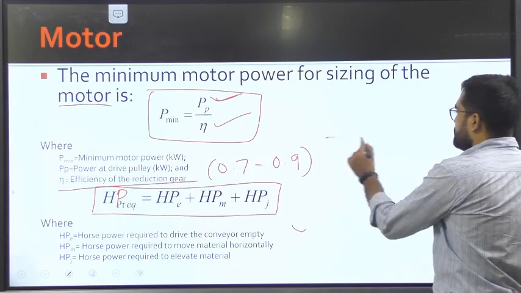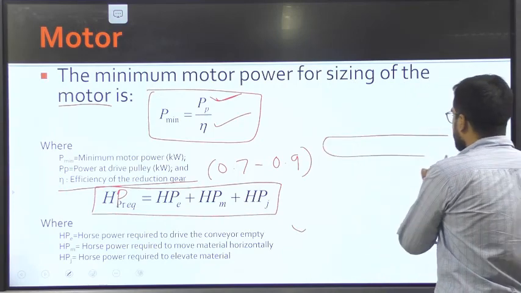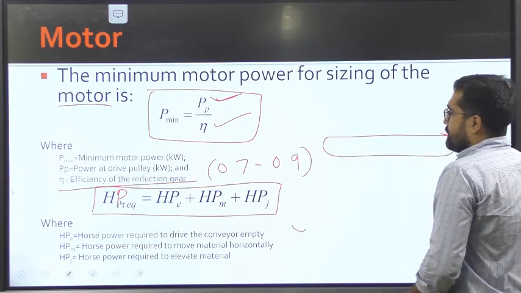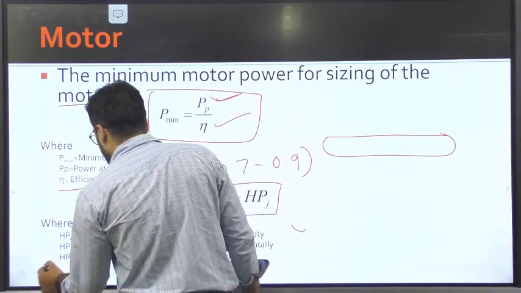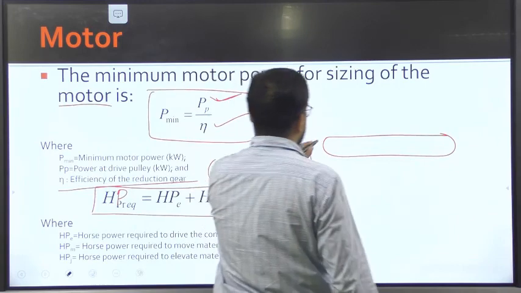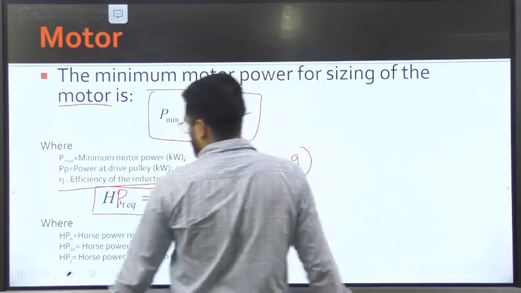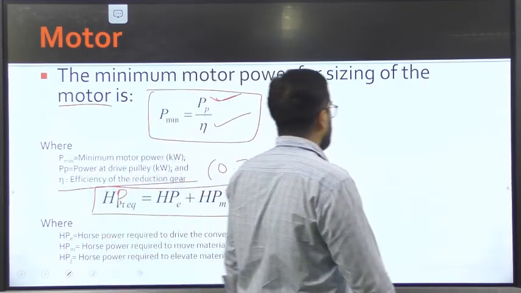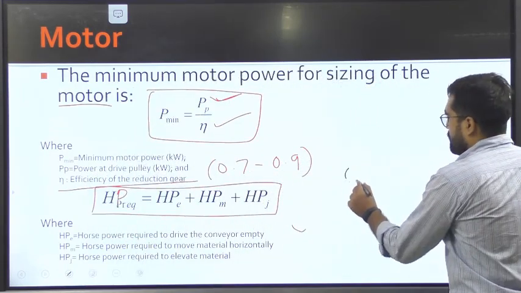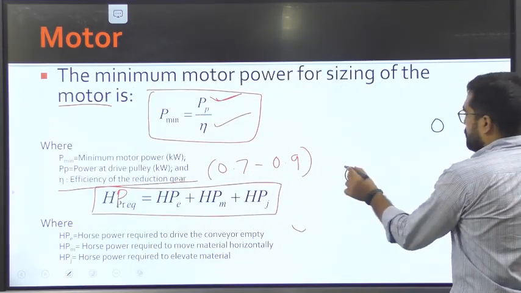So suppose this is our belt again. Let's provide some elevation also. Suppose one pulley, two pulley, and this is our belt.